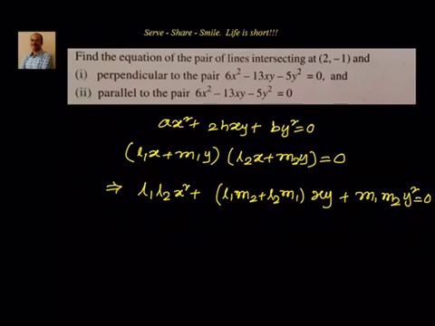Now comparing the coefficients, ax square with L1 L2 x square, by square with M1 M2 y square, and 2hxy with L1 M2 plus L2 M1 into xy. By comparing them, we know a equal to L1 L2, 2h equal to L1 M2 plus L2 M1 and b equal to M1 M2.